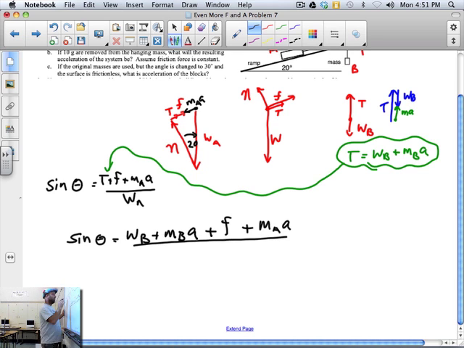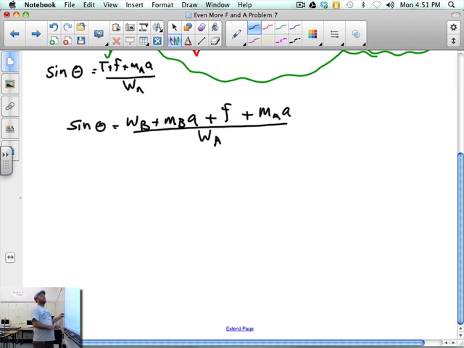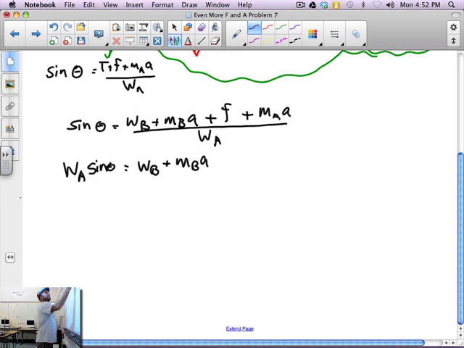All of this is divided by the weight of object A, right? So now I'm just doing algebra. Let's write weight of object A sine theta is equal to weight of object B plus mass of object B times A plus friction plus mass of object A times A, right?